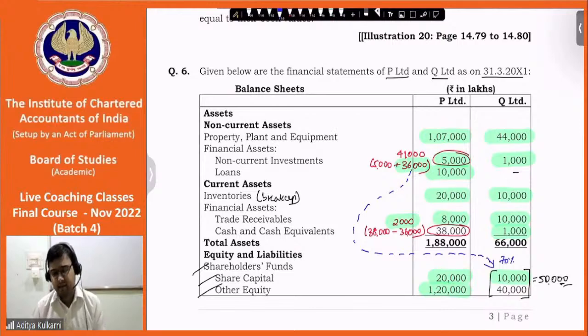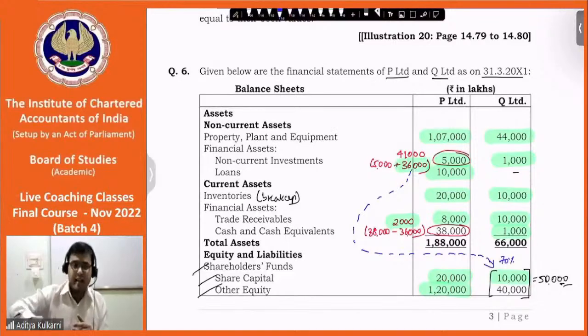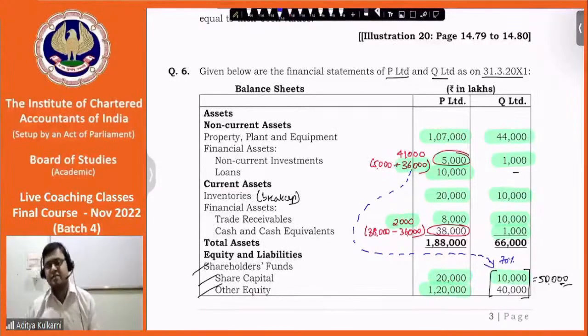What is the reasoning? One is they are intercompany balances. Second is I have to eliminate it because now these investments in Q Limited are being replaced by the net assets of Q Limited. These investments in Q in the books of P, each share of Q is a representative of the net assets of Q. I am removing that 36,000 and replacing it with the net assets of Q Limited.